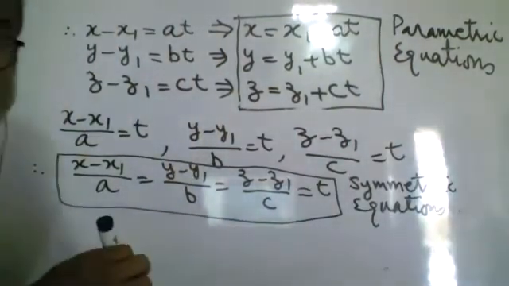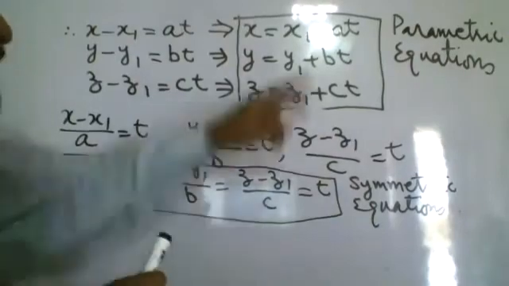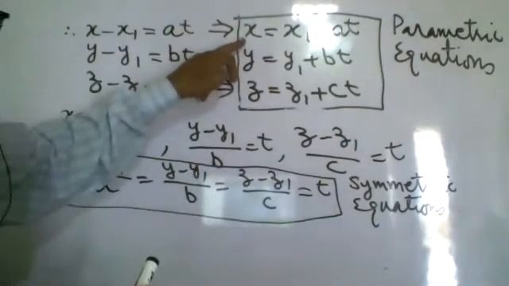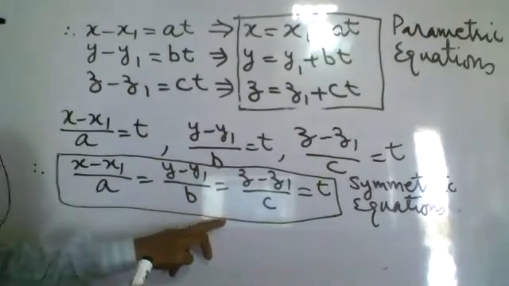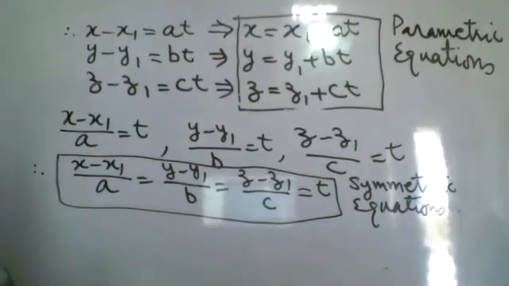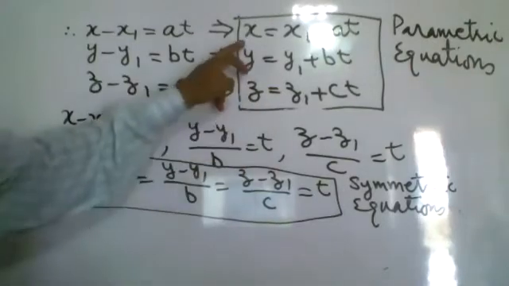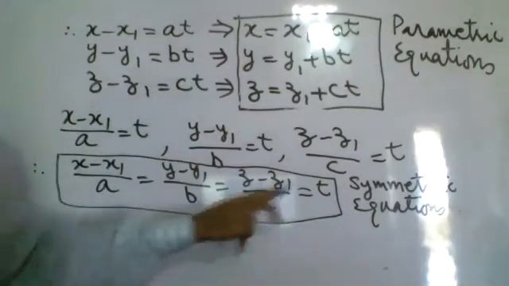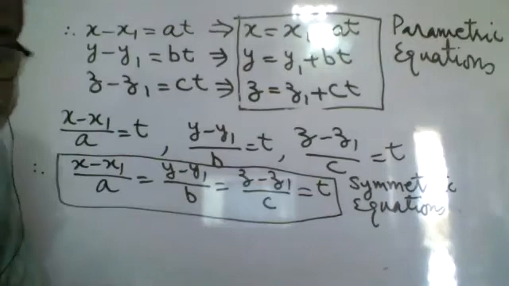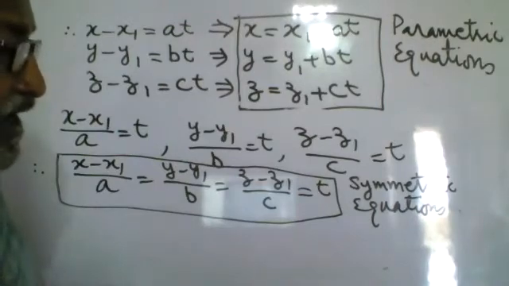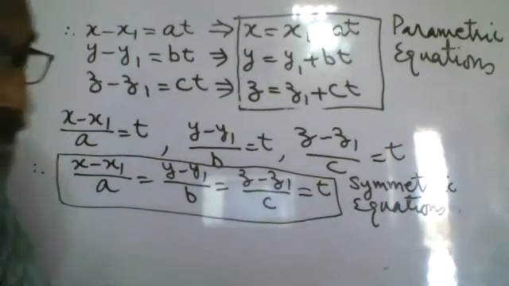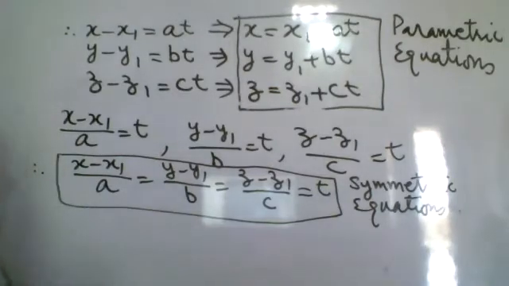These are called the symmetric equations. These are the parametric equations. These are the symmetric equations. These are the parametric equations and these are the symmetric equations. Symmetric is spelled S Y double M E T R I C. Symmetric equations.